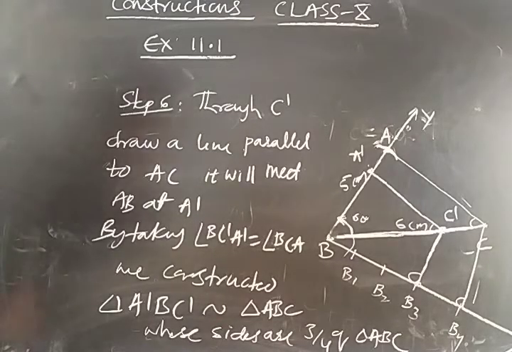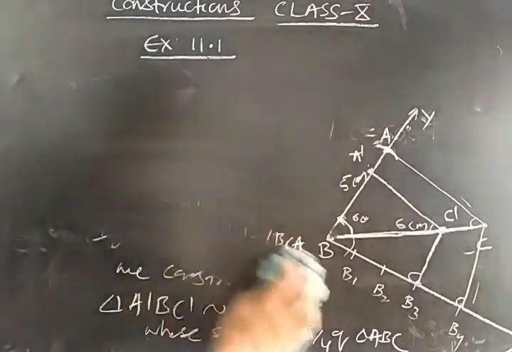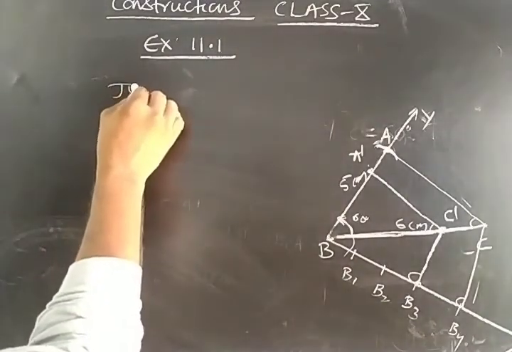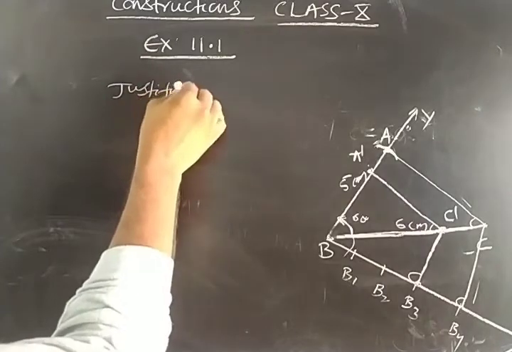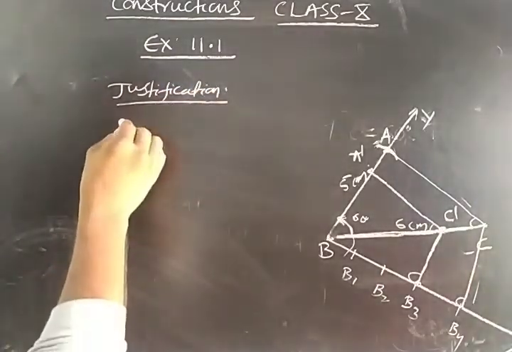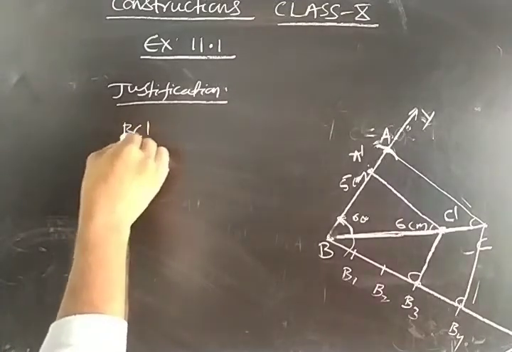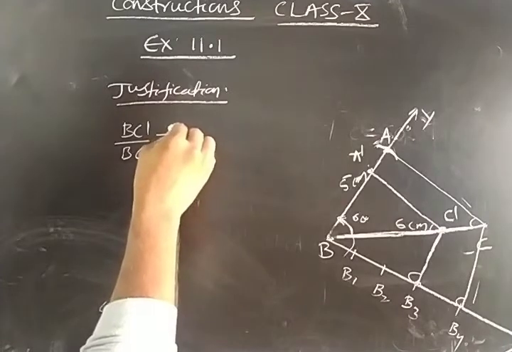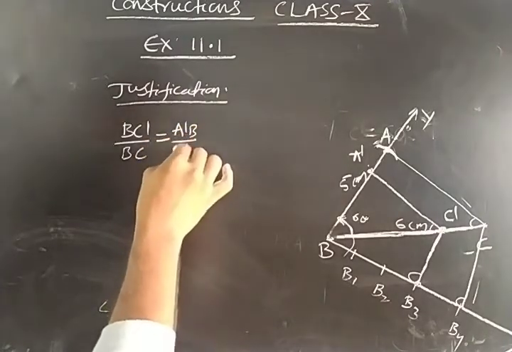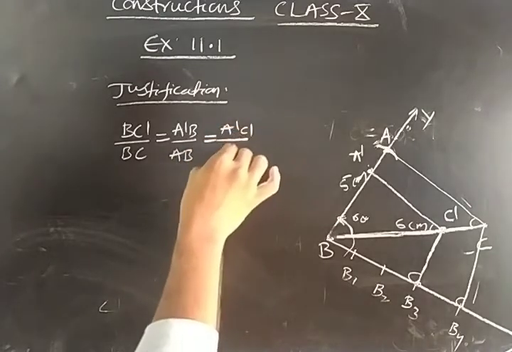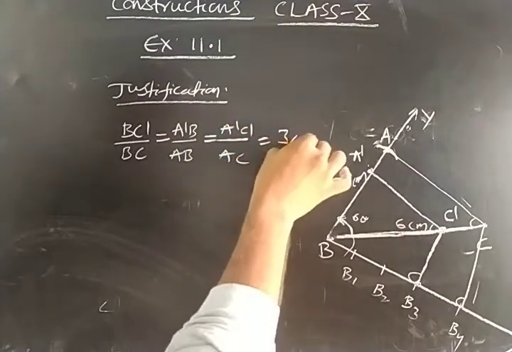Now we have to justify it. Justification. For justification, what we have to show? BC dash by BC, A dash B by AB, A dash C dash by AC is equal to 3/4.